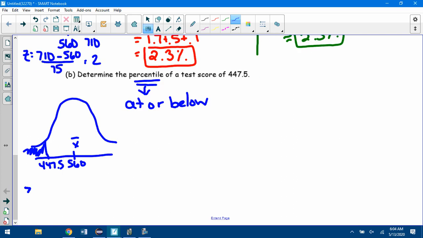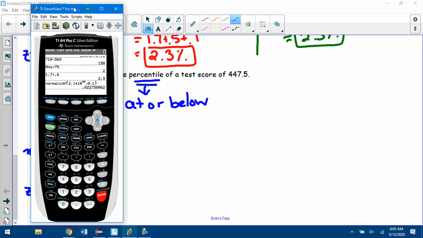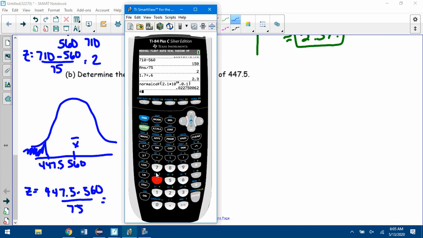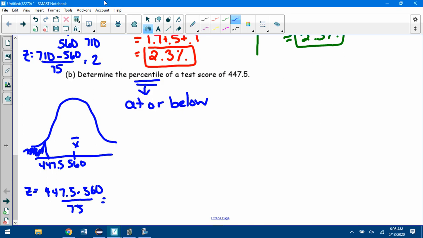You find your z-score. So 447.5 minus 560 divided by 75. Hit enter, divided by 75, negative 1.5. Okay, so again, you could use the graph because negative 1.5 is on the graph.